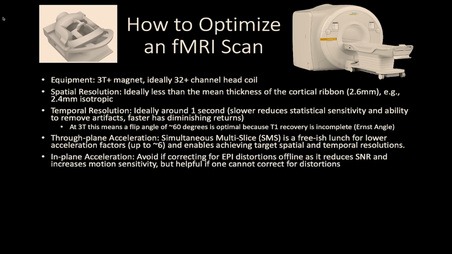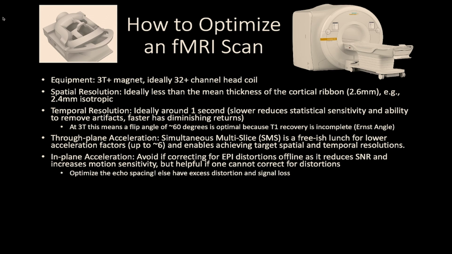In-plane acceleration, if you're going to correct for distortions offline, you don't really need it, and it uses a lot of your SNR. But in clinical populations, where we don't have the ability to correct for distortion in the clinical workflows, we do use it just to reduce that.